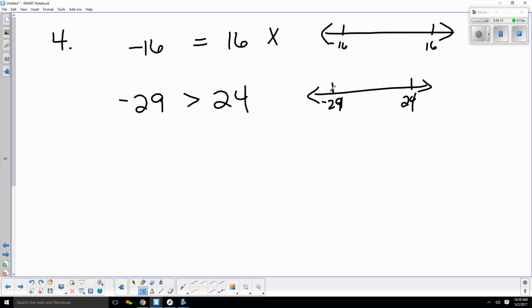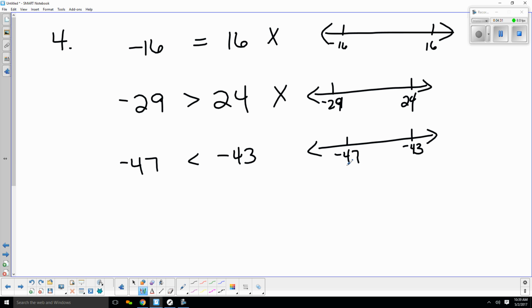Negative 29 is to the left, so we know that is less than a positive 24, so that statement is not true. We have negative 47 is less than negative 43. Again, if you think of a number line, here's your negative 43, here's negative 47. Negative 47 is to the left, so that means it is less.